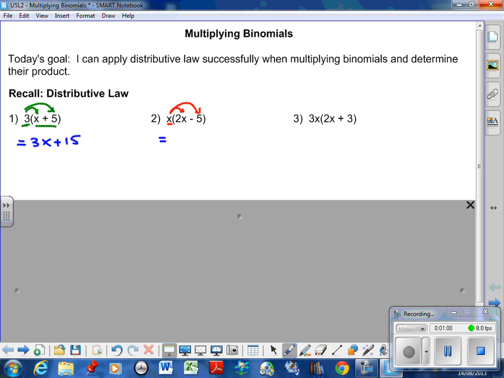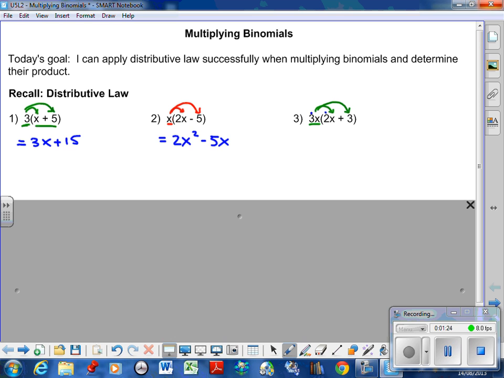And now using our exponent laws, x times 2x is 2x squared. So x times x is x squared. X times 5 would be negative 5x. And finally, when we have a combination of a coefficient, or a number, and a variable, they multiply in the same way, still using the distributive law. We multiply the numbers.